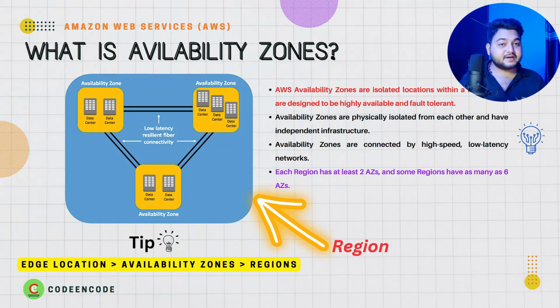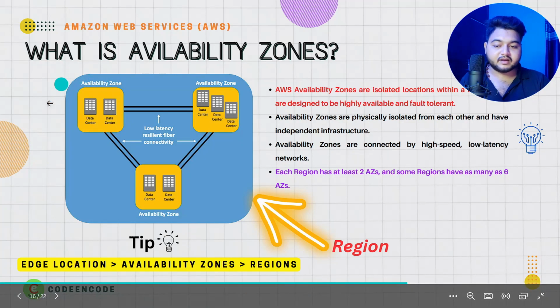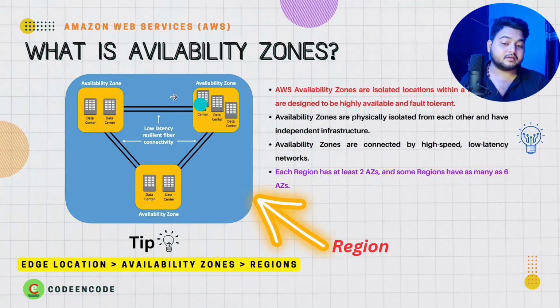Cool. The next one is availability zones. What are availability zones? As you can see, the whole one is a region, and in the region we have different availability zones which are isolated from each other. What do I mean by isolation? It means that if there is any sort of problem in any one of the availability zones in a particular region, it is not going to affect the other availability zones present in the same region.